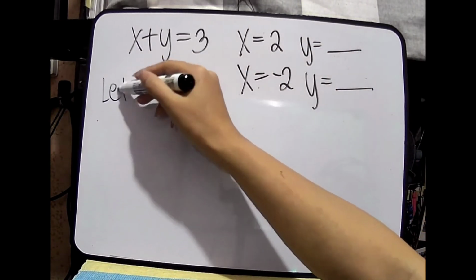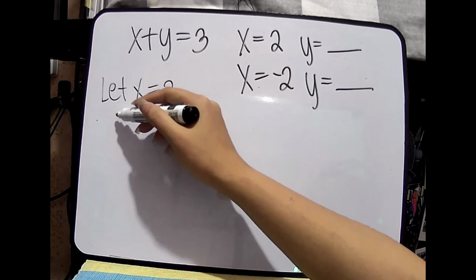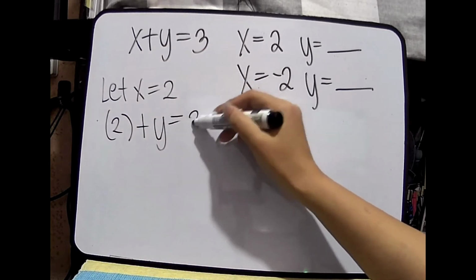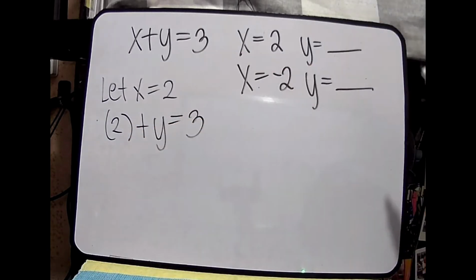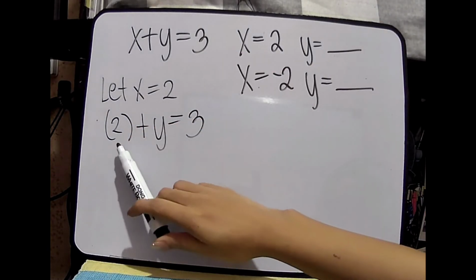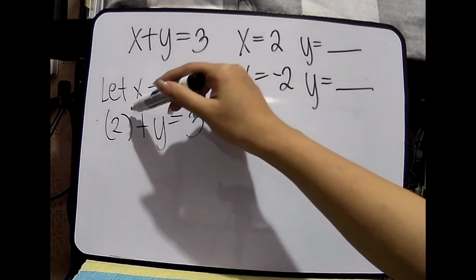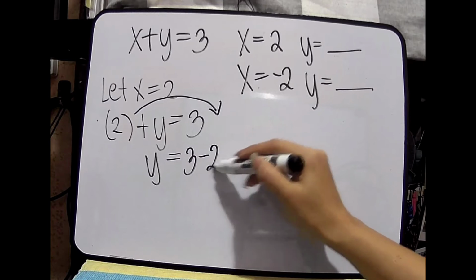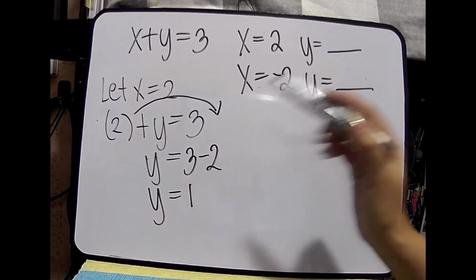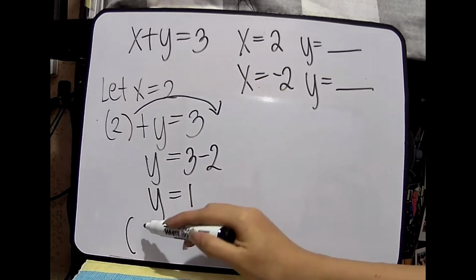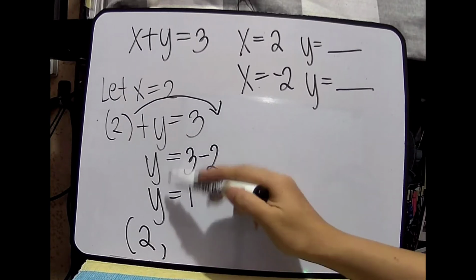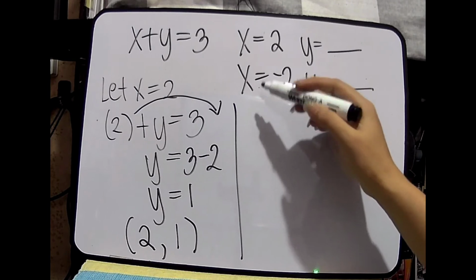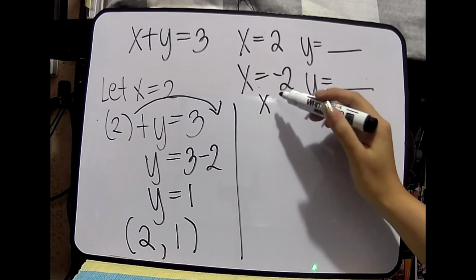So let x is equals to 2 and then papalit natin dun, 2 plus y is equals to 3. And then APE, kung APE yung gagawin natin, we will be subtracting 2 on both sides or kapag transpose, we will be changing the sign of it. So 3 minus 2. So we have y is equals to 1. So ang magiging ordered pair natin is dahil x na ginamit natin is positive 2, ang value for y na nakuha natin is 1.